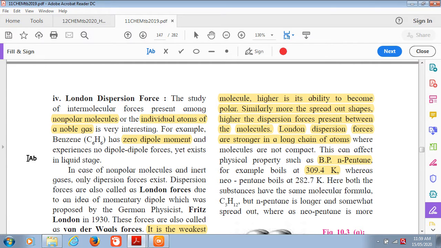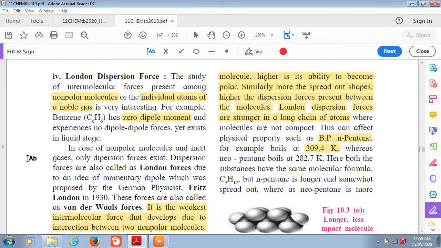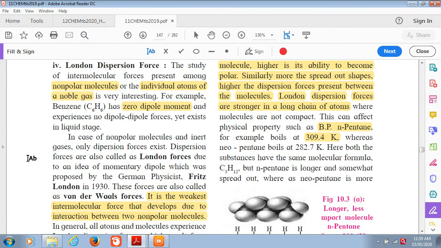For example, it is observed in case of benzene, which has zero dipole moment, or the molecules which are non-polar in nature. And even though the molecule does not have a dipole moment, the benzene is in liquid state, that you already know.